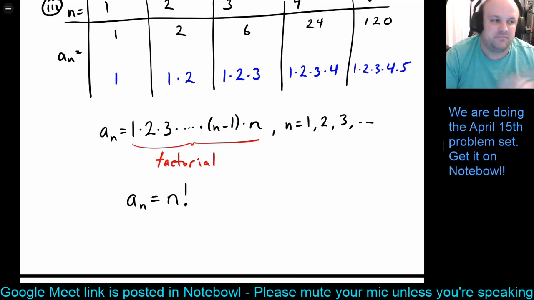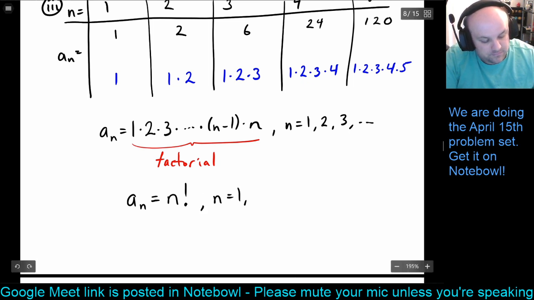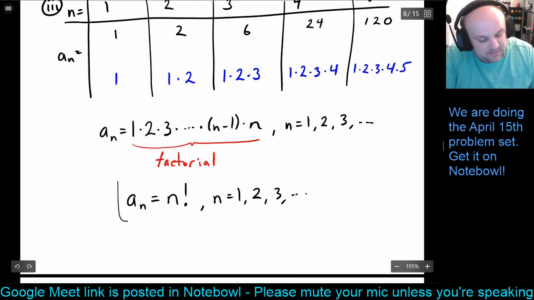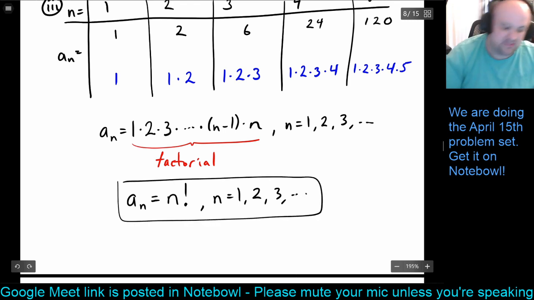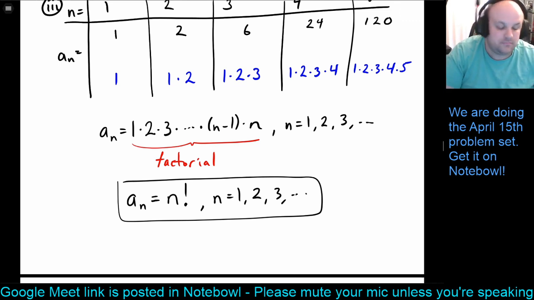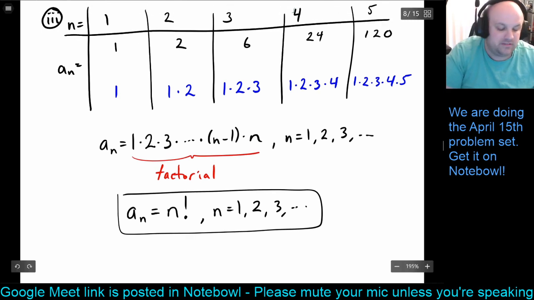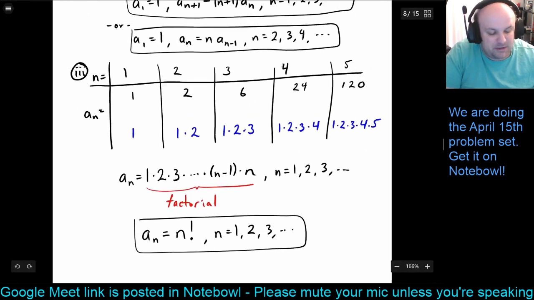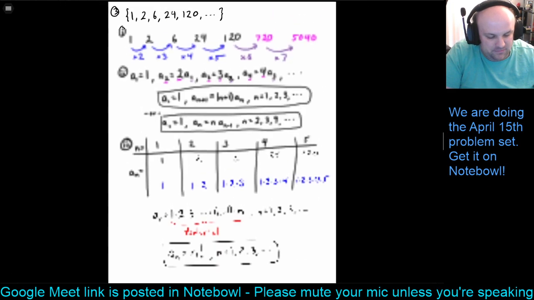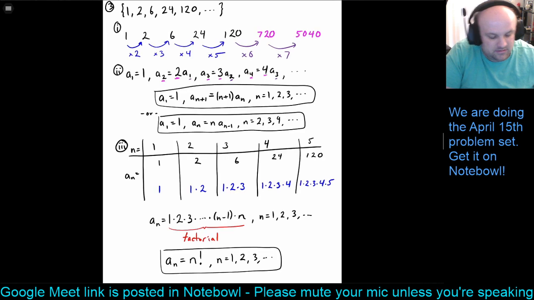And it just says, multiply all the numbers from 1 through n. So this is the better way to write this down. So I'm going to box that version. This may or may not be something seen in the past, the factorial. Any questions about this one?